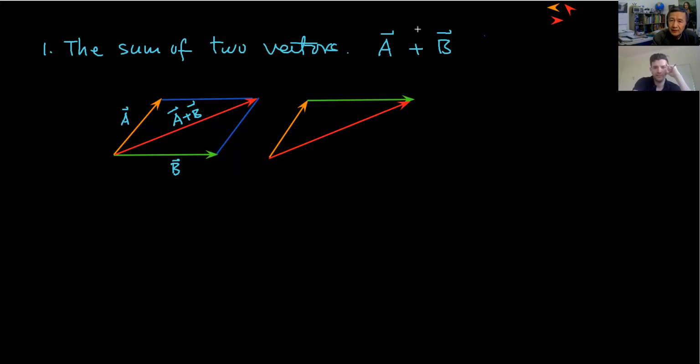This is the way we work out the vector sum in practice. This is vector A, this is vector B, and that is the vector sum, A plus B. Of course, this is a variation derived from the first rule, because after all, if you shift the second vector to the upper one, that allows you to work out the second method.